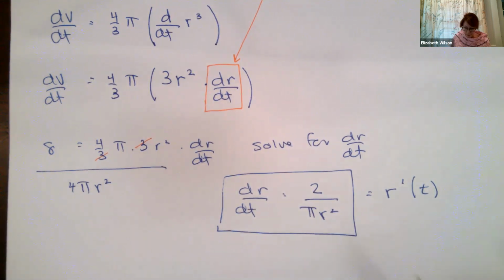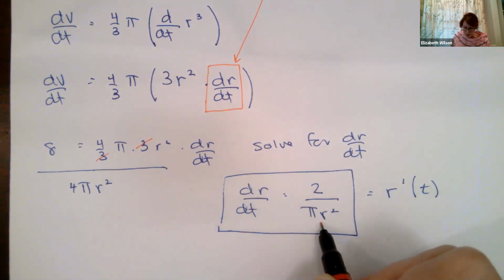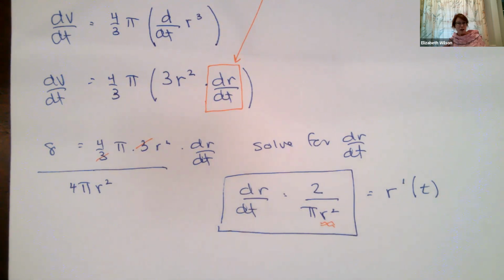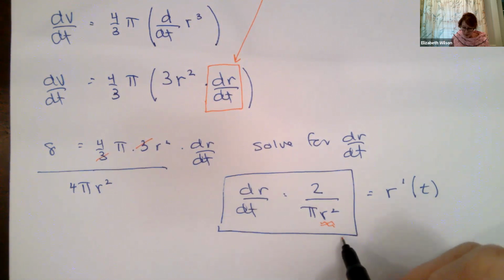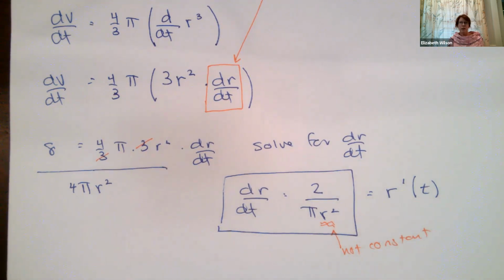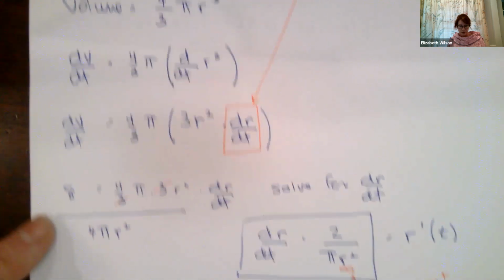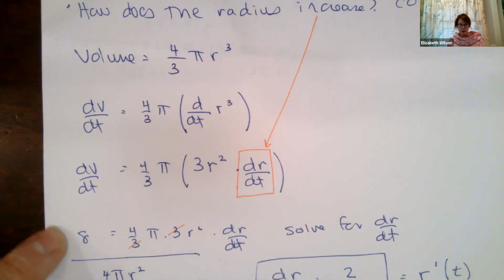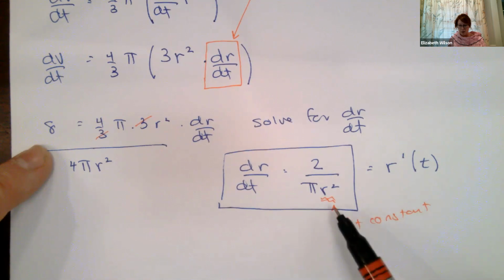What we can conclude is that because of the r squared in the denominator, it's not constant. A constant would just be a number, but this is a constant volume change, so my radius change is an equation.